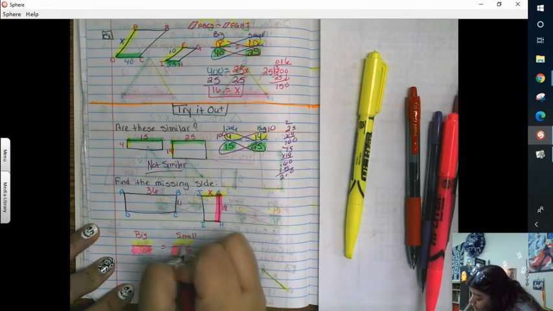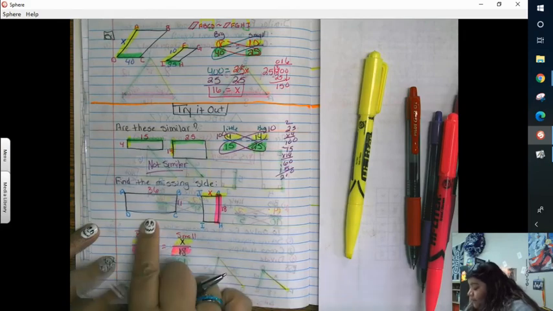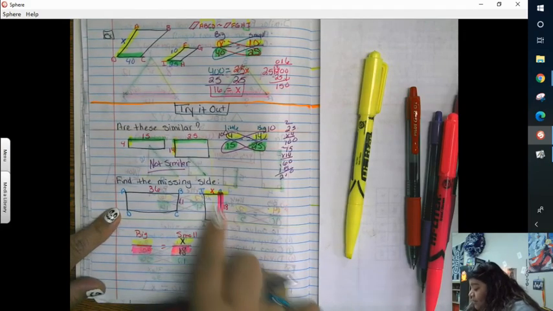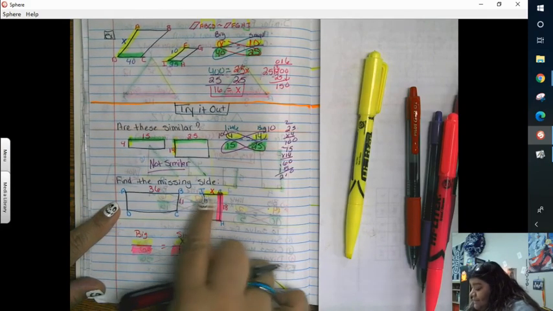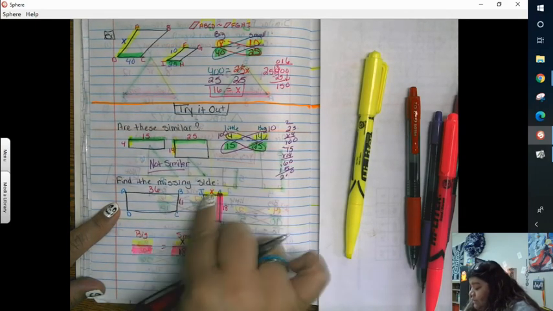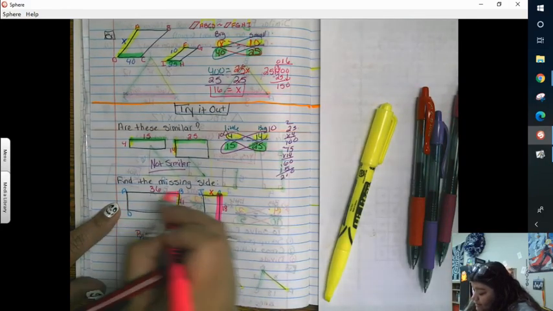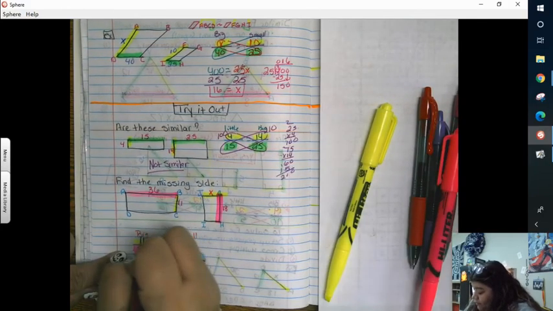Okay, so my yellow is X, my pink is 18. Now, I'm going to do the 18. I can't really tell, but I can tell just by the picture. This is the shorter side, so it looks like they switched it. So the 11 actually belongs with it. It's the shorter of the two sides. So the 11 goes here. And that means the longer side, the length, is the 36 and belongs here.